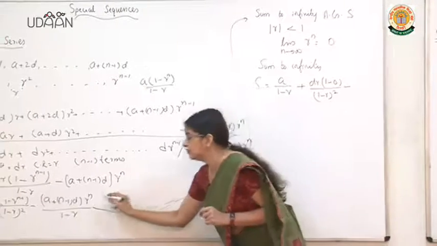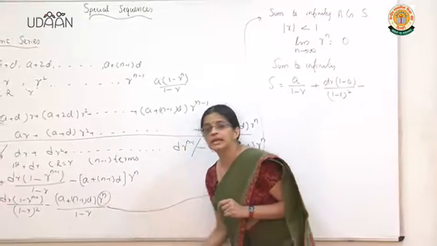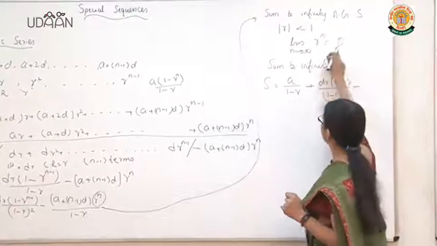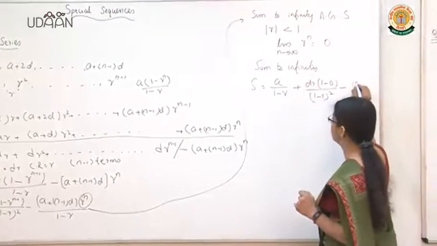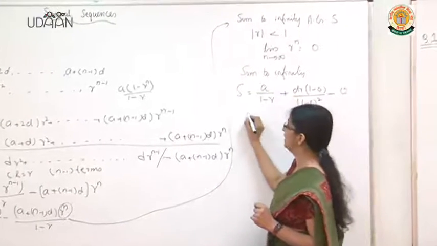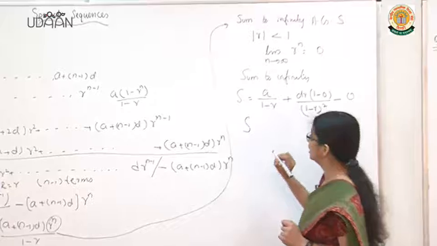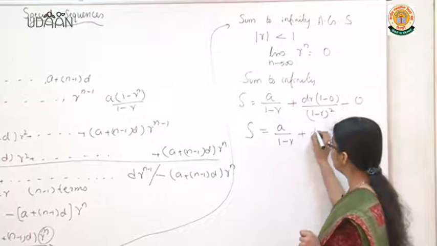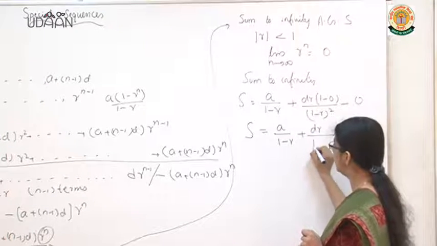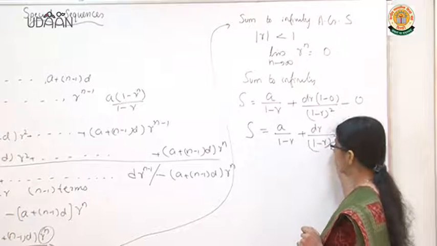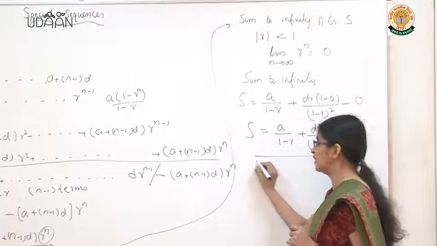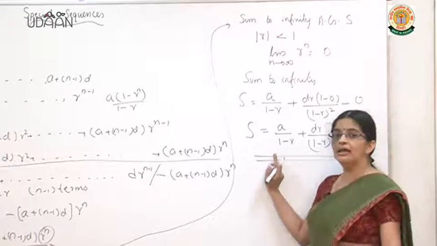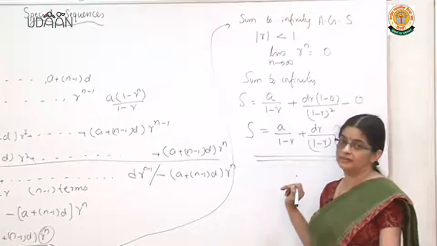See the next term. Here we have a term in r power n that will reduce to 0. So, minus 0. So, we get the sum to infinity of an arithmetico-geometric series as a by 1 minus r plus dr divided by 1 minus r whole square. This is the sum to infinity of an arithmetico-geometric series.